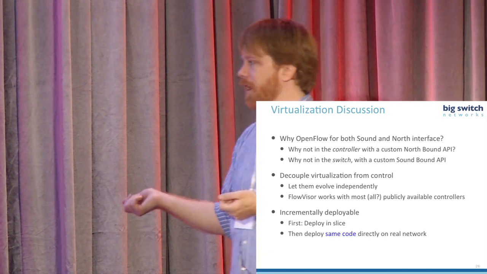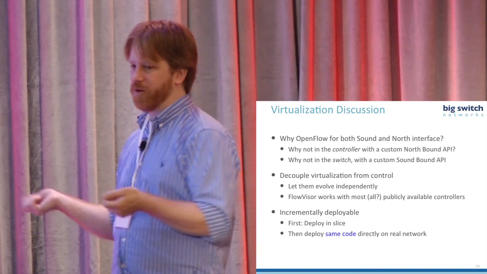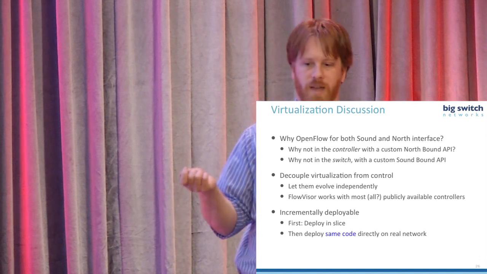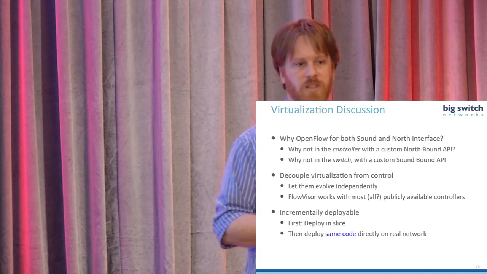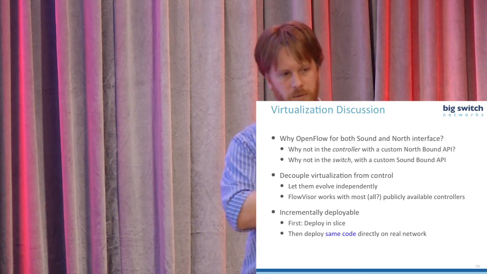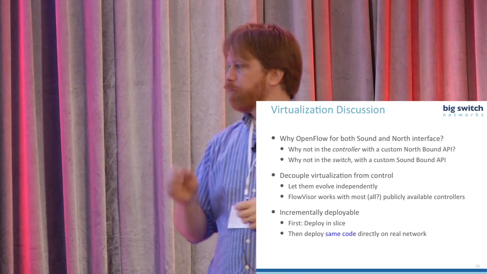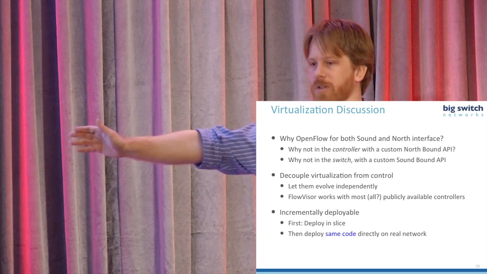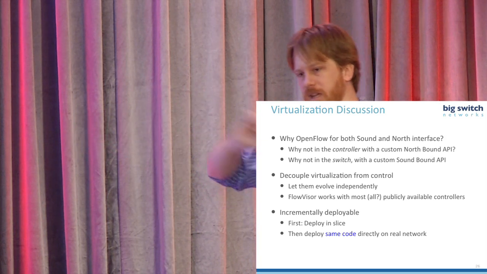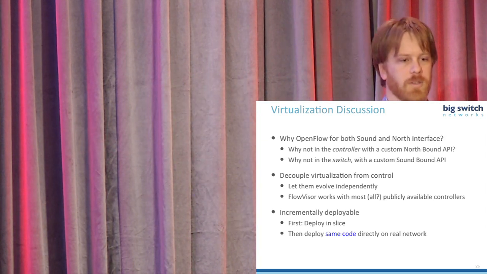In fact, all the publicly available controllers that I'm familiar with work with FlowVisor, and a lot of them came after the fact. So FlowVisor code stays on a different trajectory. We work on the isolation. We start working on little bugs here and there. But this huge swath of controller technologies continues to evolve. And so I think decoupling these things is really important for the ecosystem.